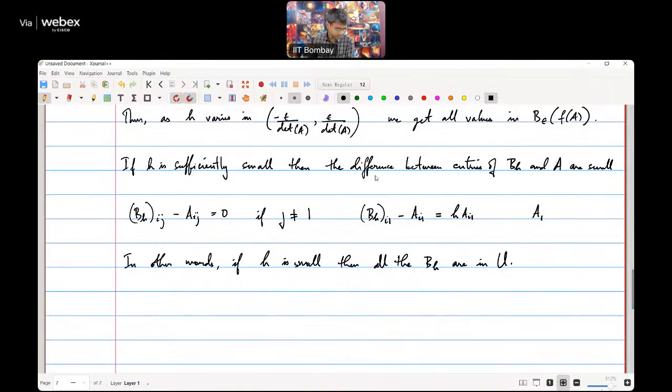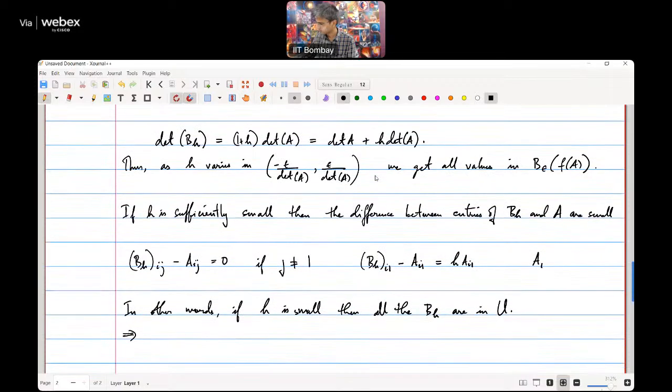Right. So therefore, what I want to say is, this implies f of U contains the set.